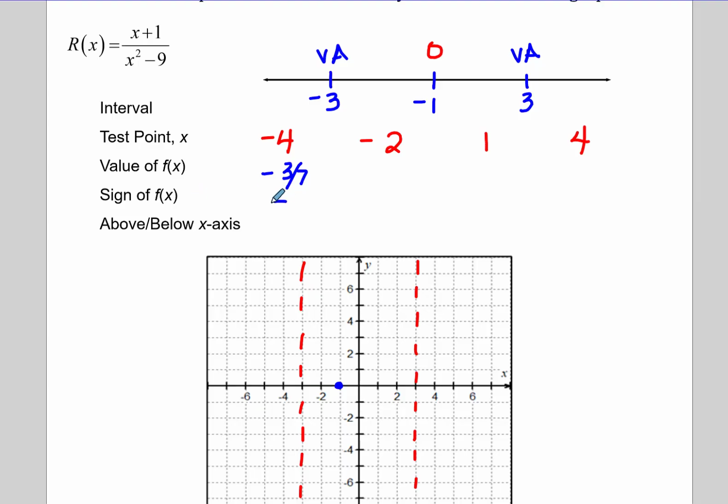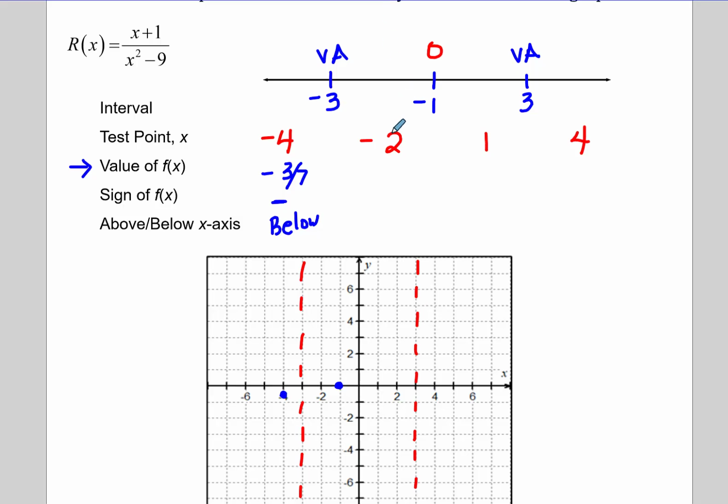And the sign is negative, which means the graph is going to be below the x-axis. You really don't have to determine the specific value, but in this case I'm doing that just for the effect, so I know I have a dot right here somewhere, -3/7.